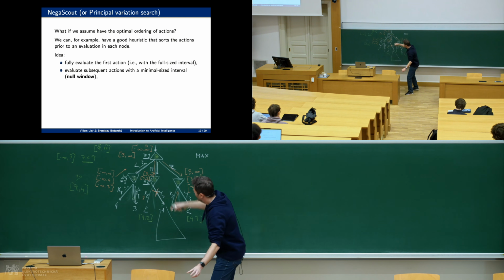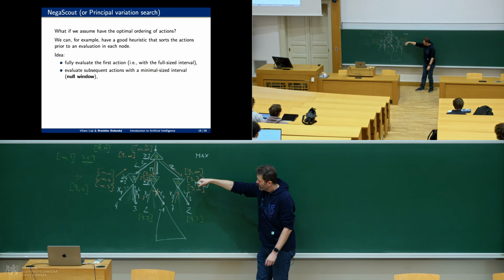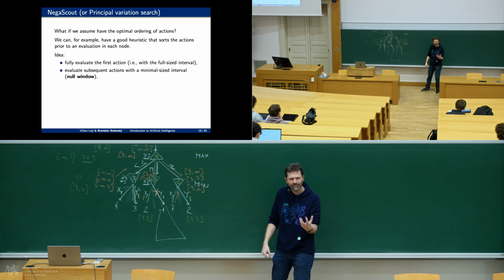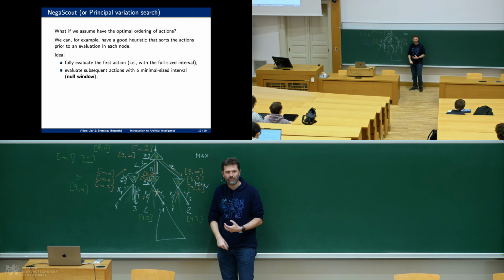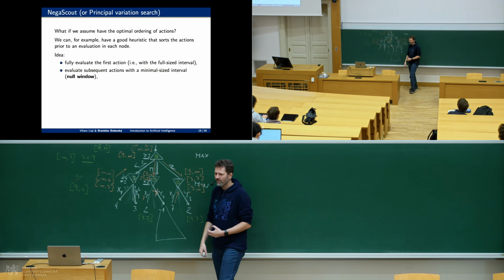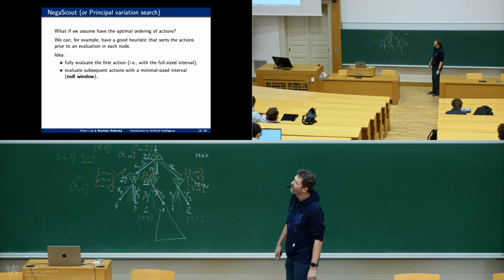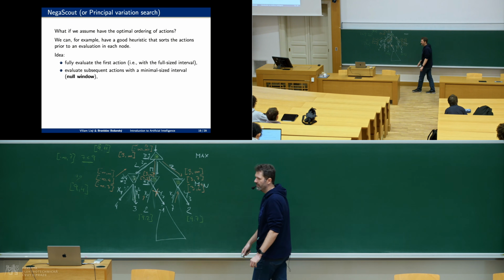I don't need exact values from these subsequent actions. I just need a proof and validation that my first action was correct, right? So this is the idea behind Negascout, also called principal variation search.